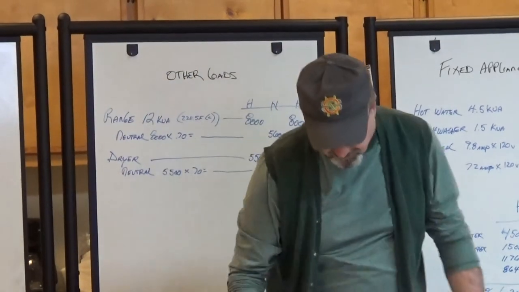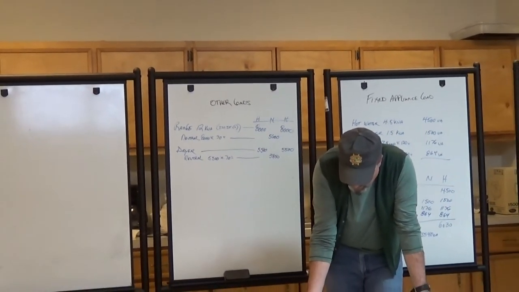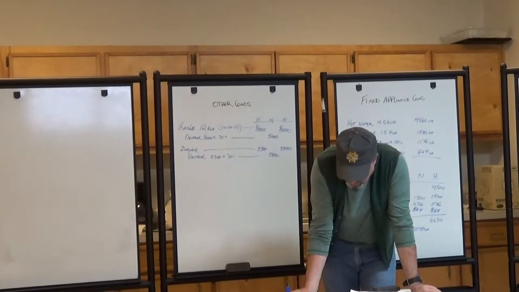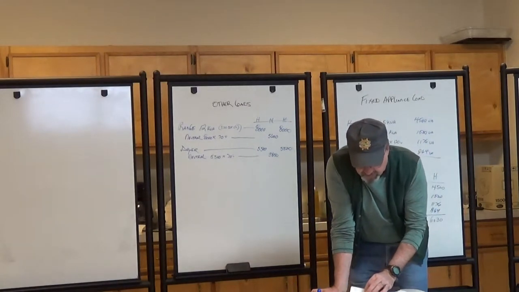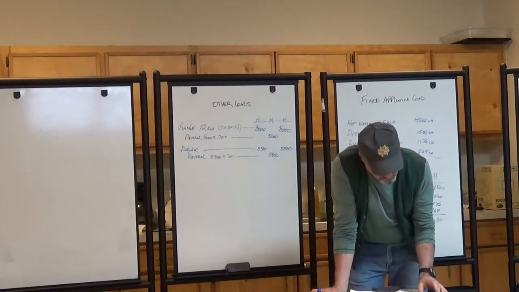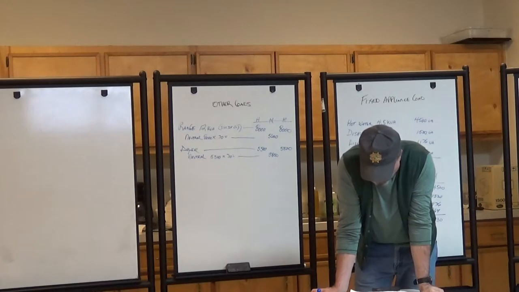All right. Next we got electric heat and we have air conditioning. Now if we look at Code Article 220.60, let's take a look at that. Let's go back one page.